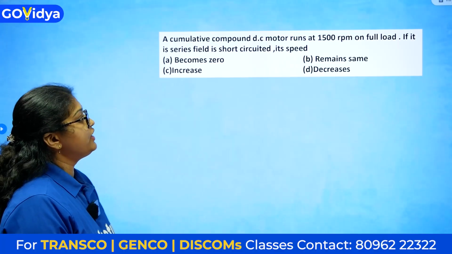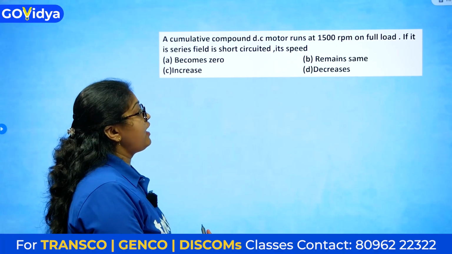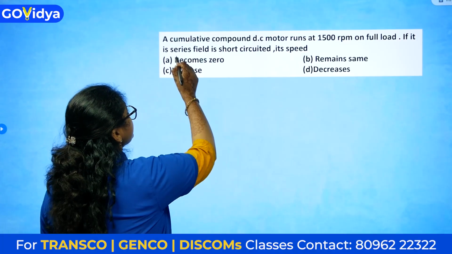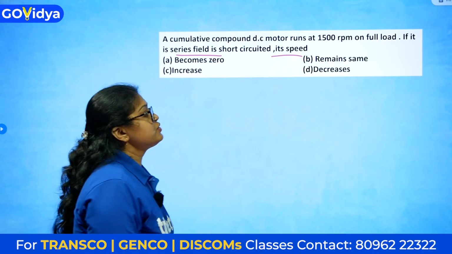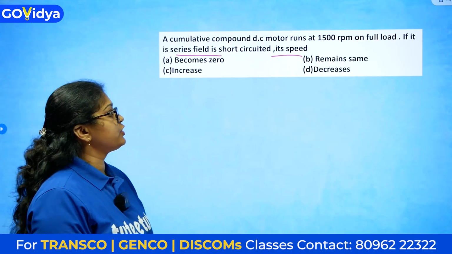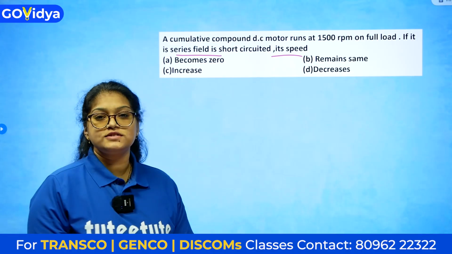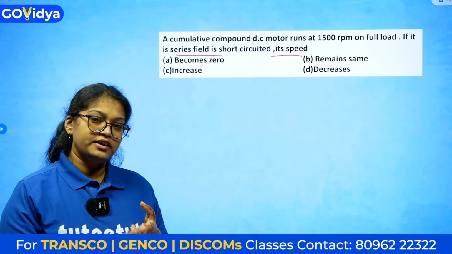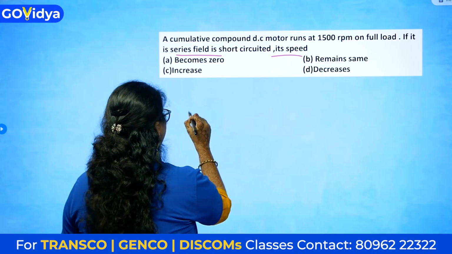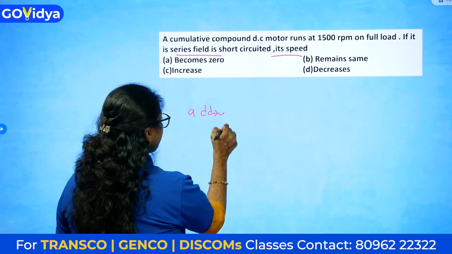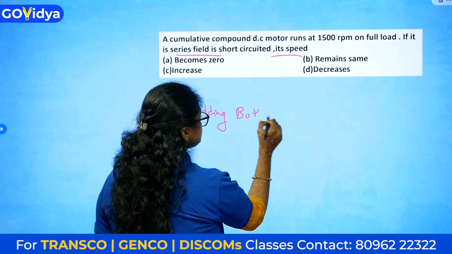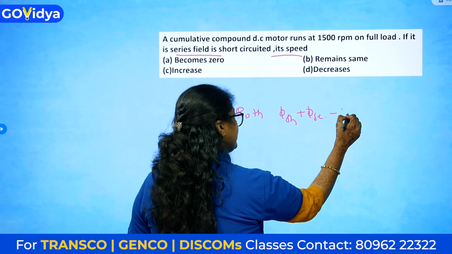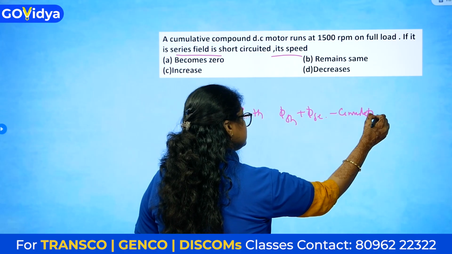A cumulative compound DC motor runs at 1500 RPM on full load. If its series field is short circuited, what is its speed? In general, cumulative compound means adding the shunt and the series field, phi SH plus phi SC.